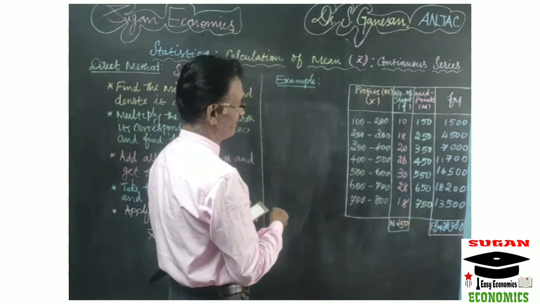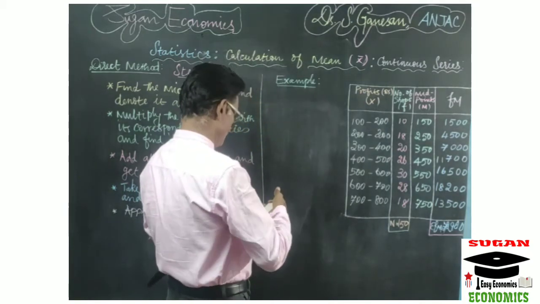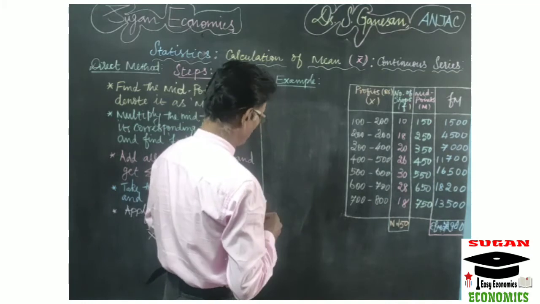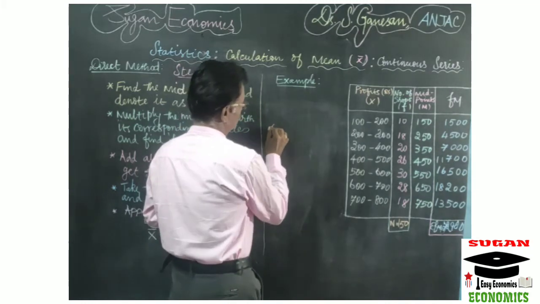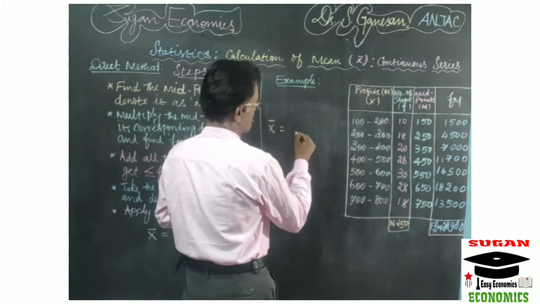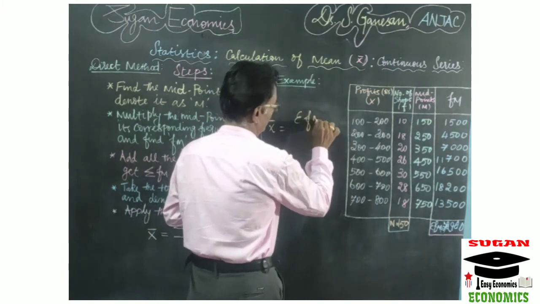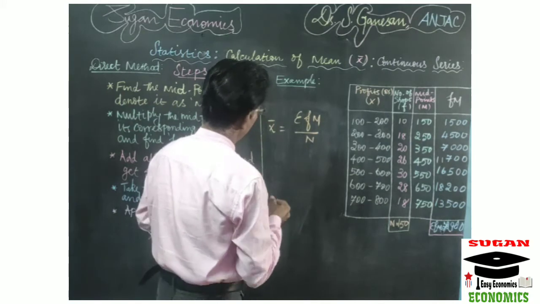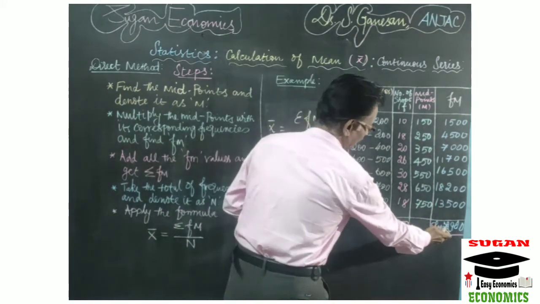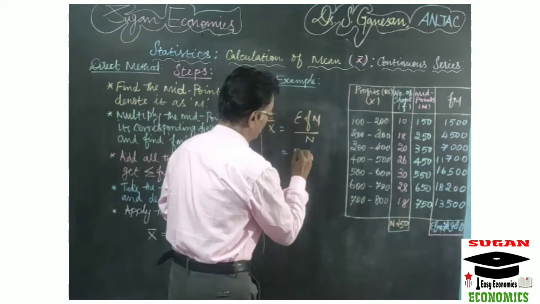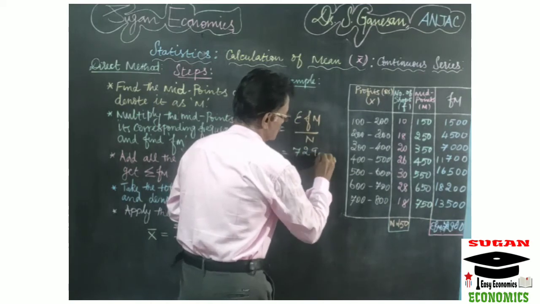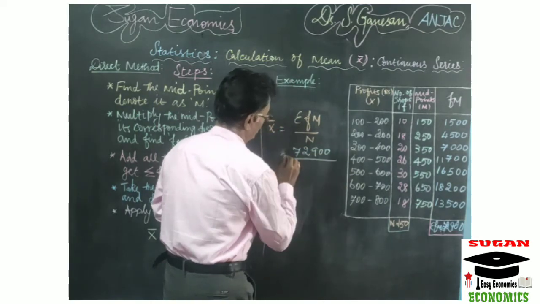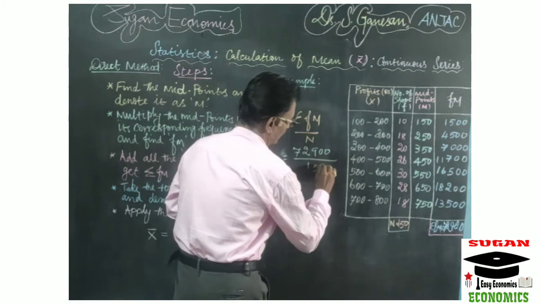So now we can apply the values in the formula and find out the arithmetic mean value. So what is the formula? X bar equals sigma fm by N. Sigma fm we have already calculated, it is equal to 72,900. So 72,900 should be divided by 150, N equal to 150.